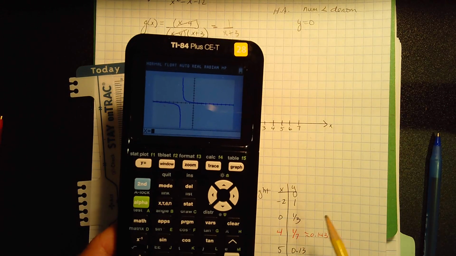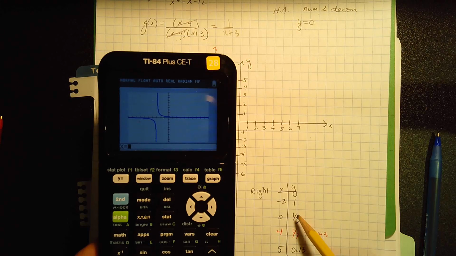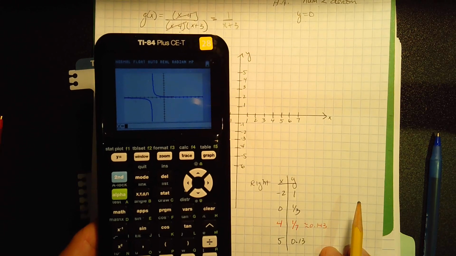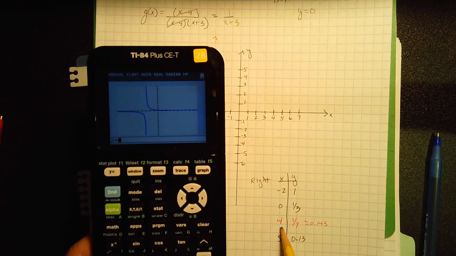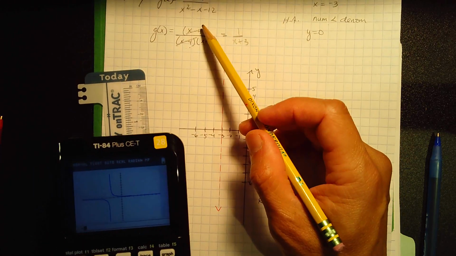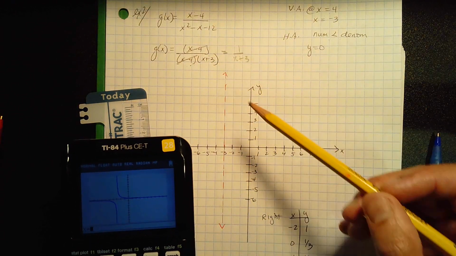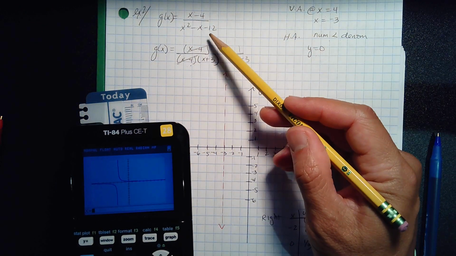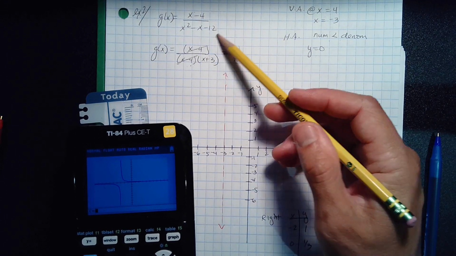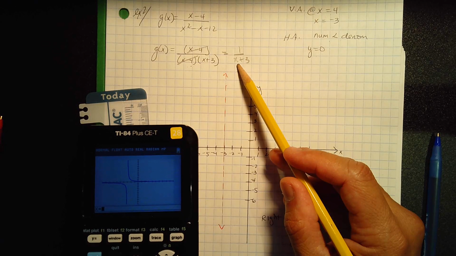So what happens is when you substitute all these values in, you'll get 1 1/3 and 0.13. Now the reason why this is in red is because this is our hole. If you put 4 back in here, you're going to get undefined. It's not going to work because the point doesn't exist. If you put 4 here, you're going to get the removable discontinuity.